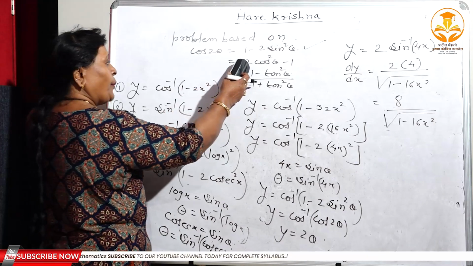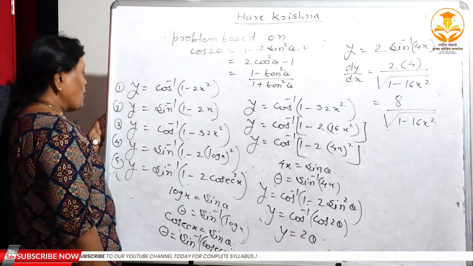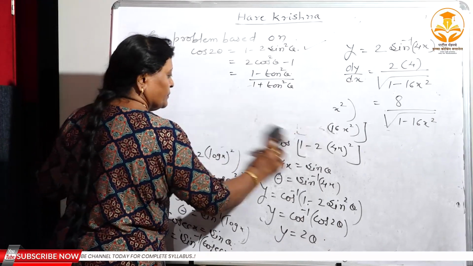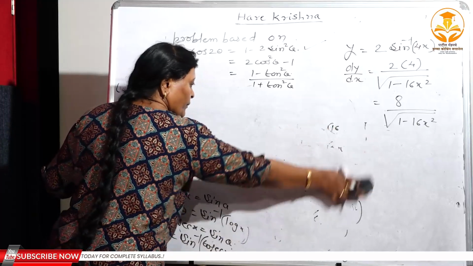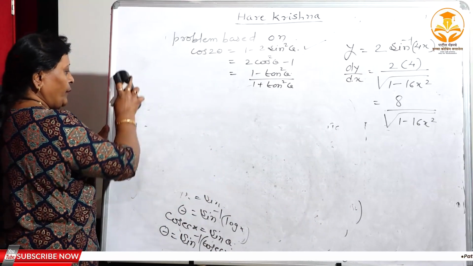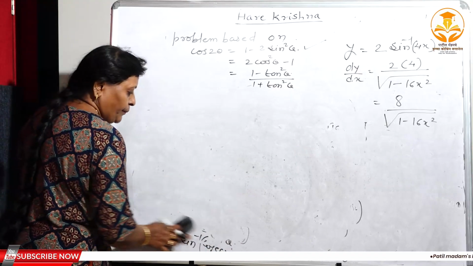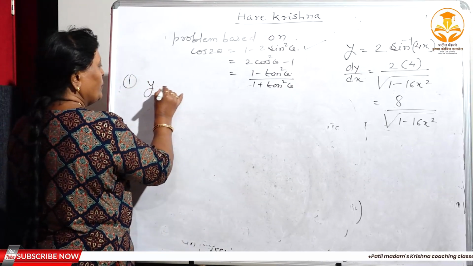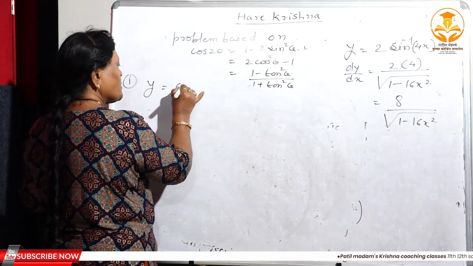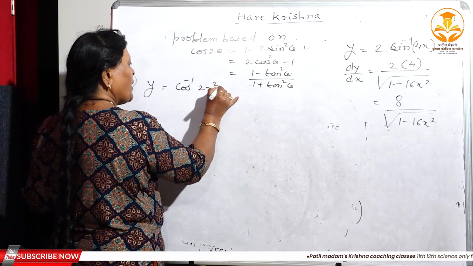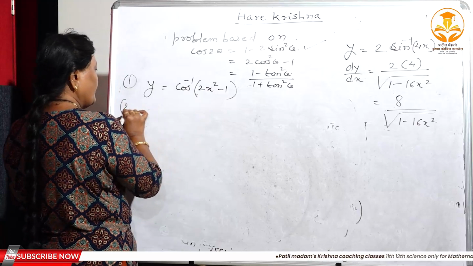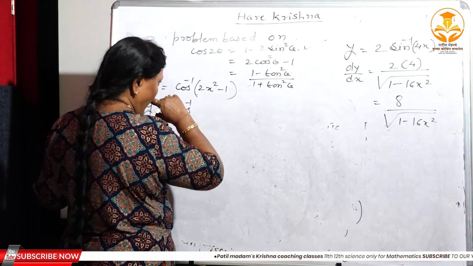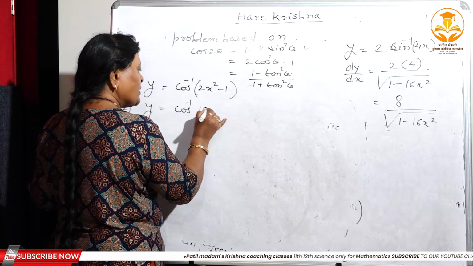Now I will take the problem on this second formula, that is 2 cos square theta minus 1. Another one. First, y is equal to cos inverse of 2x square minus 1. Second one, y is equal to cos inverse of 18x square minus 1.